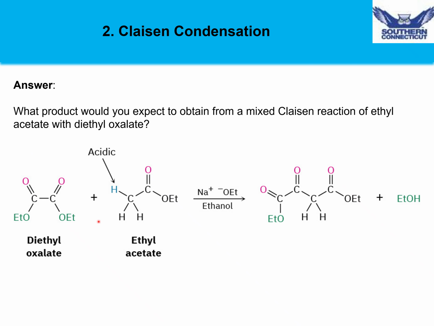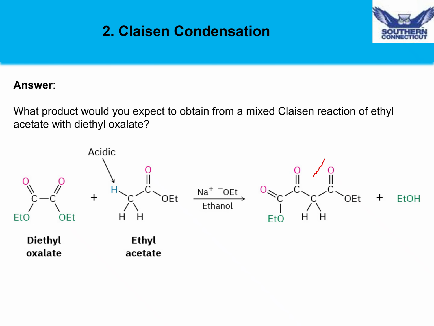Comparing the two esters that we have here, notice that diethyl oxalate does not have alpha hydrogens, so it's going to be our Claisen acceptor, while ethyl acetate has alpha hydrogens, which are acidic, so if we add base to it, we'll form an enolate on this alpha carbon. That alpha carbon will then react with one of the two ester functional groups on diethyl oxalate. That will lead us to forming a beta keto ester.